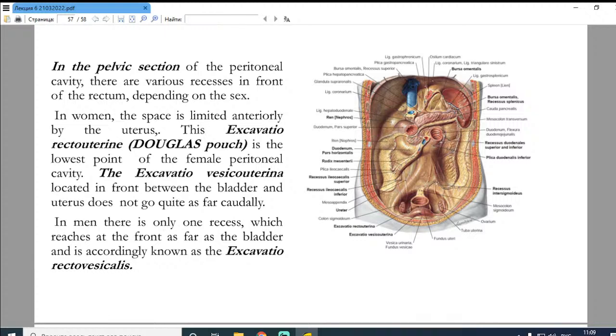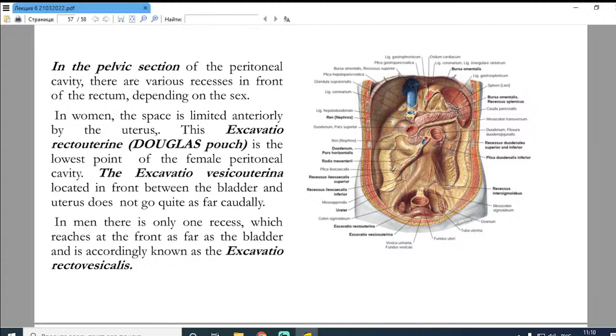Next, the excavatio vesicouterina, located in front between the bladder and uterus, does not extend quite as far caudally.